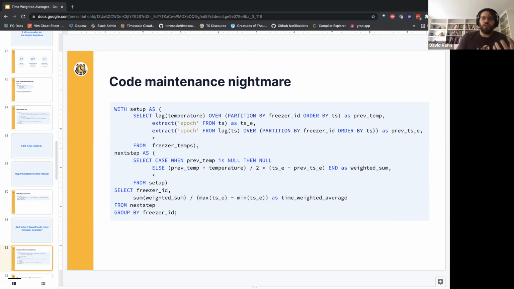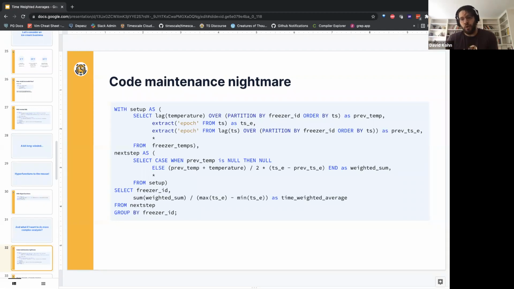So a lot of what we're trying to do with hyperfunctions is take things that should be fundamental to time series analysis and make them much simpler to do so that then our users can take them and build them up into the complex business logic that they need in order to get the real insights into their data.